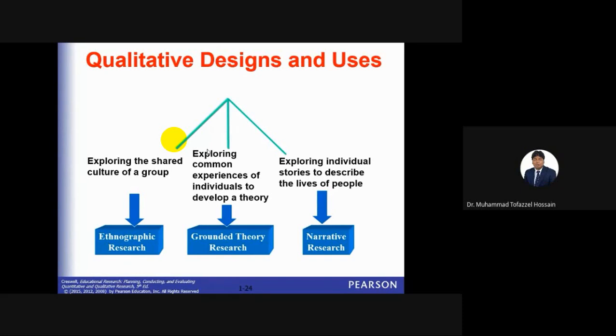Grounded theory: what is the theory here? The research methodology course is very tough. Okay, this is grounded theory, common experience. Research is really very easy if you do it sincerely. Common culture, ethnographic. Means only serious people will find it easy.